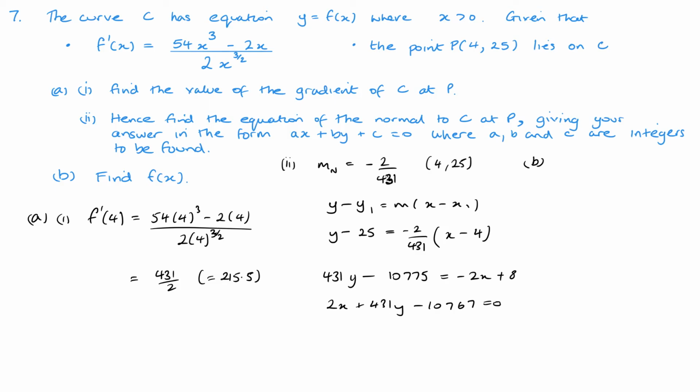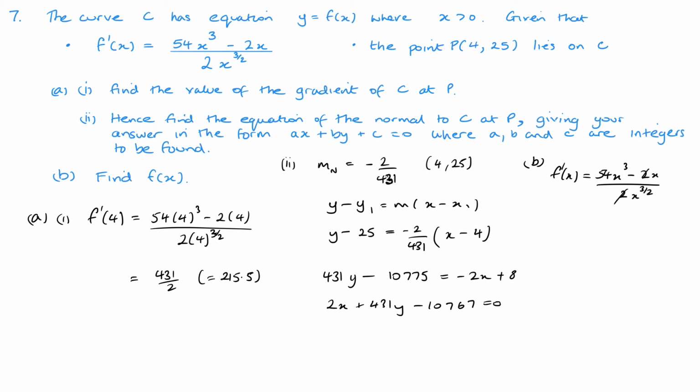Part B, find f of x. So now we need to integrate this. Now, before integrating, I'm going to simplify it. So we've got f dash of x. With the 2 on the bottom, I'll write it out actually. 54 x cubed minus 2x over 2x to the 3 over 2.